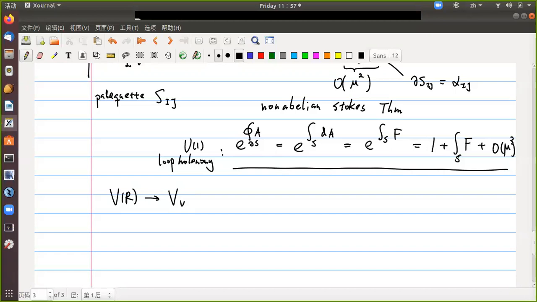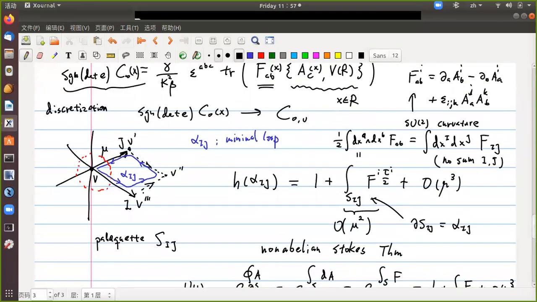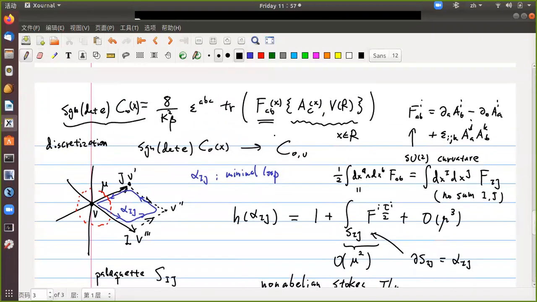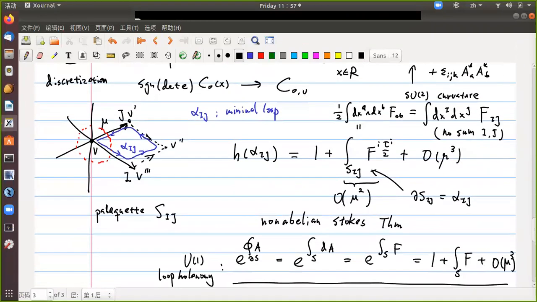So we do firstly this replacement, and secondly, what we can show is that, because we consider coordinates adapted to the lattice, this c index can be replaced by the i, j index.